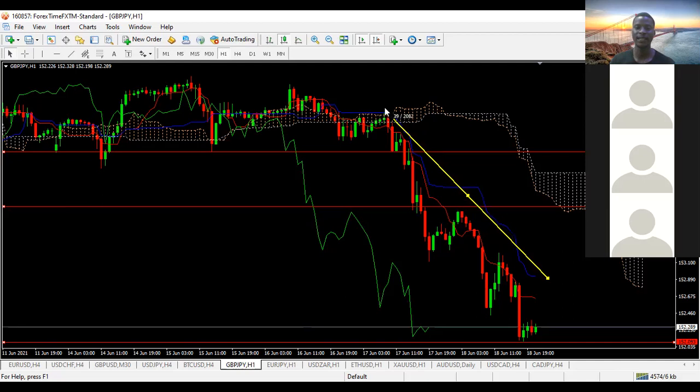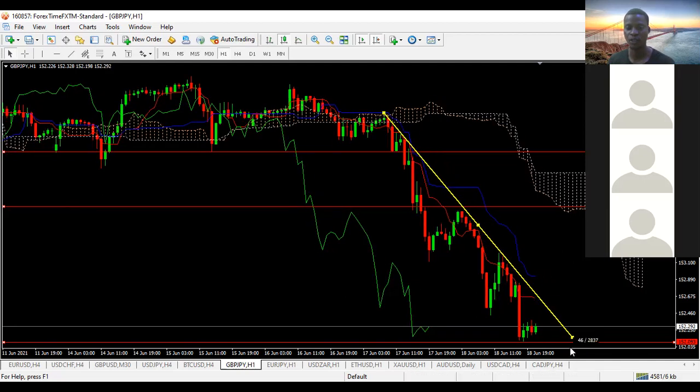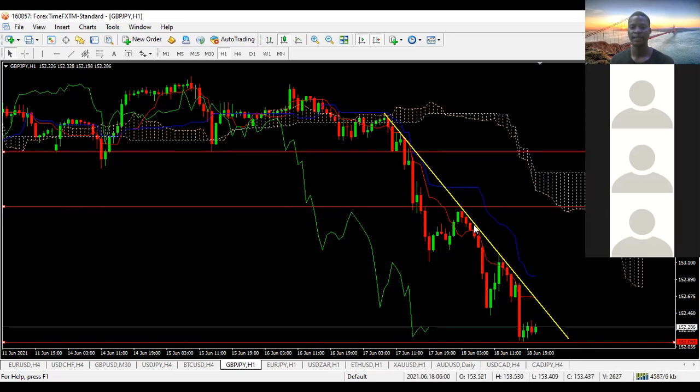One of the things you also need to do is to draw your trend line. If you draw your trend line, you can work back from when the trend line is broken. Someone might enter here because of this small buy, but it hits the trend line and is pushed down. If this buy did not break this trend line, it means that the market can still go down again.